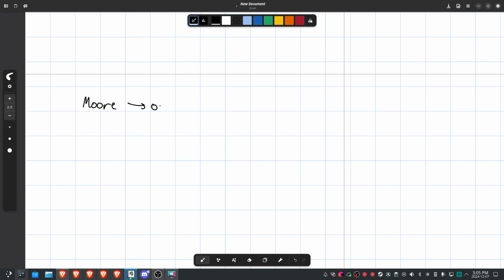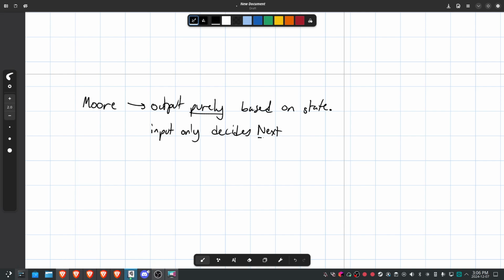In Moore machines, the output is purely based on state. So the input only decides the next state. All right, you follow me?